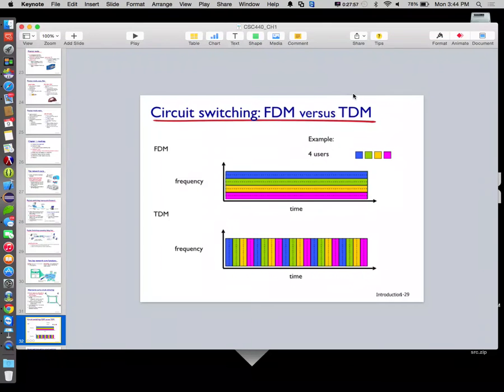So each wire gets a little bit of time to send data before the next wire's turn. The alternative is frequency division multiplexing, which allows us to send everything at once, but each one is allotted a very small piece of the total bandwidth.